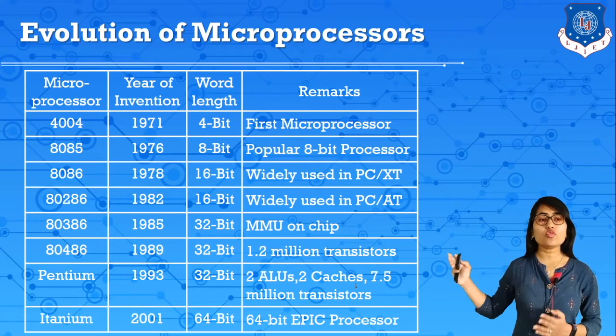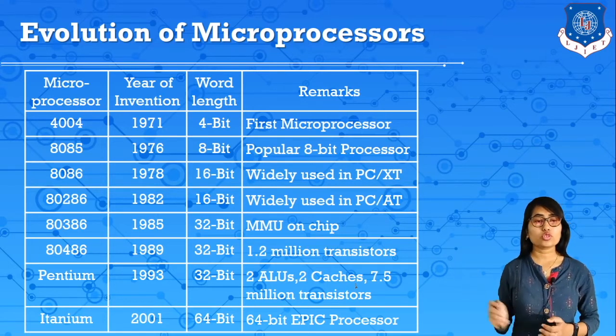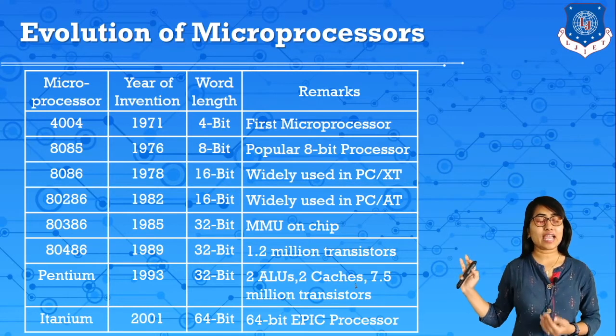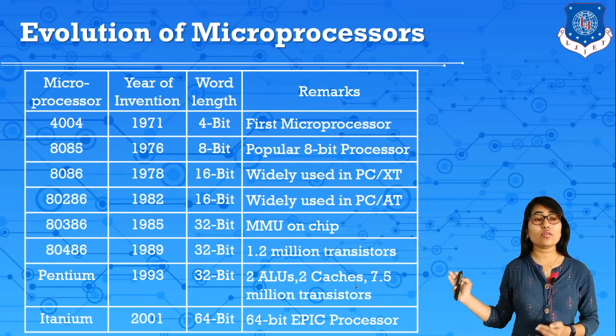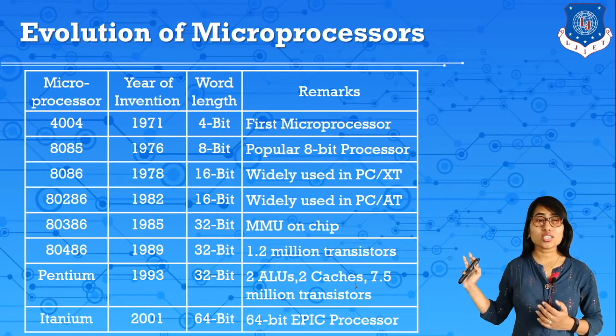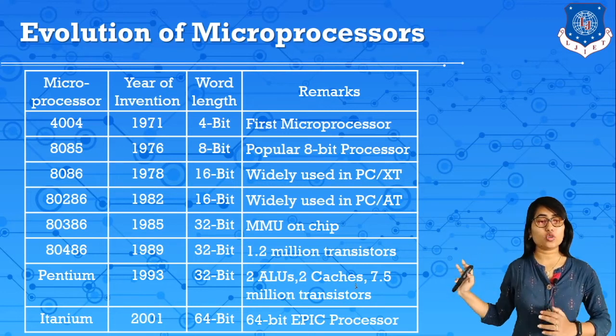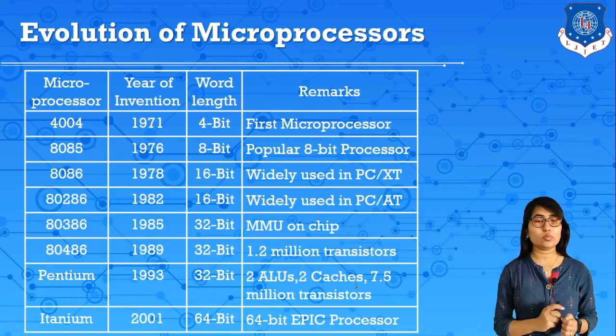First we have the 4004 microprocessor. It was invented in 1971, the first 4-bit microprocessor. Then we have the 8085 processor, invented in 1976, word length 8-bit, so it is a popular 8-bit processor.